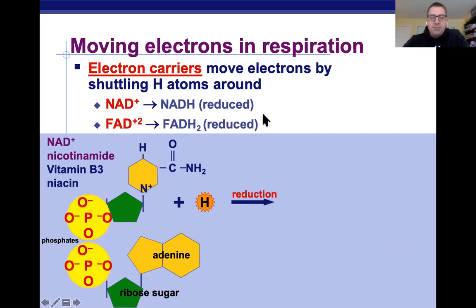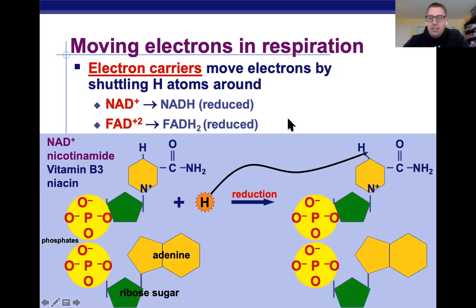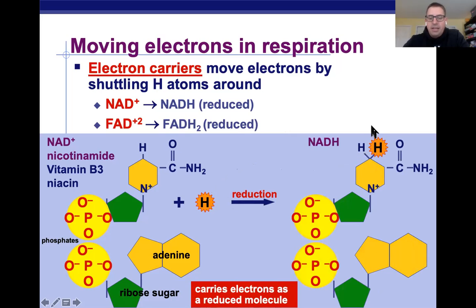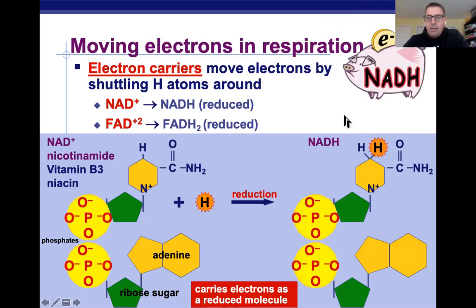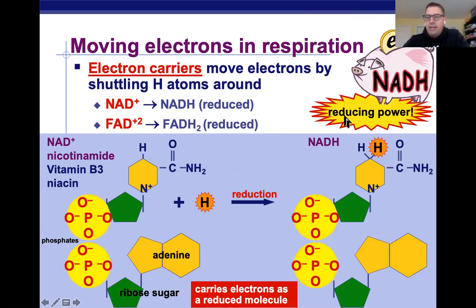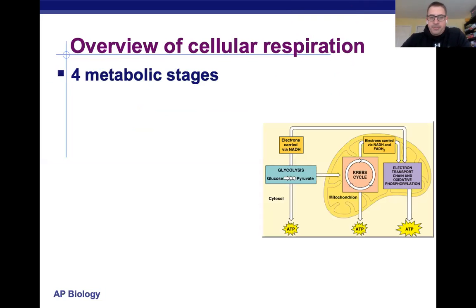When we add hydrogen atoms here, our NAD+ is reduced. We add that hydrogen atom right here to this ring in the NAD+, and it becomes NADH. This NADH is now shuttling electrons around within the cell. That is stored energy that can be used to reduce other molecules and tapped into later, like money in the bank.